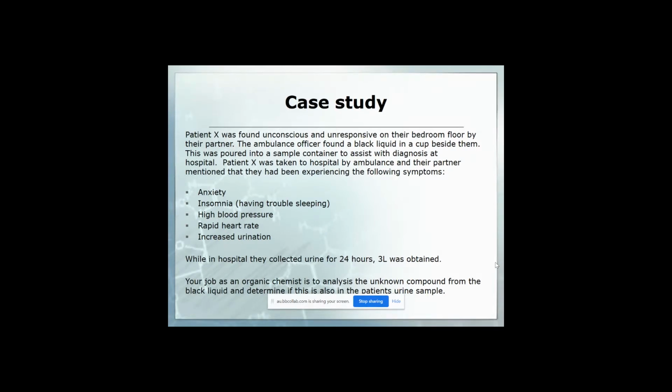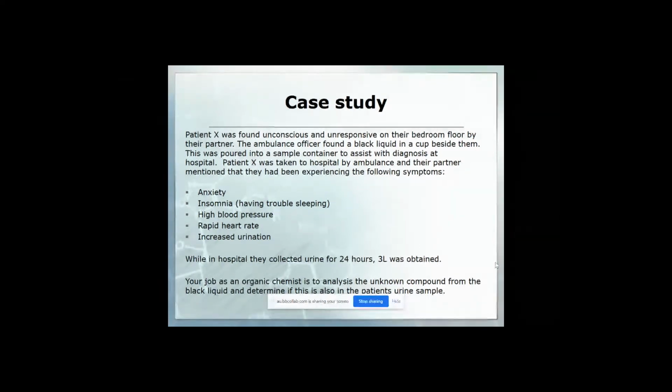Once they were taken to the hospital by ambulance, they were able to collect a urine sample over a 24-hour period, and they were able to get 3 litres. The other interesting part here, which is really important to diagnose these types of things, is their partner was able to tell us, or the ambulance officer in the hospital, that they had the following symptoms. They had anxiety, insomnia, which is having trouble sleeping, high blood pressure, rapid heart rate, and increased urination.